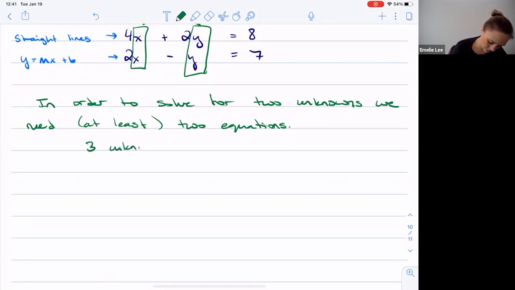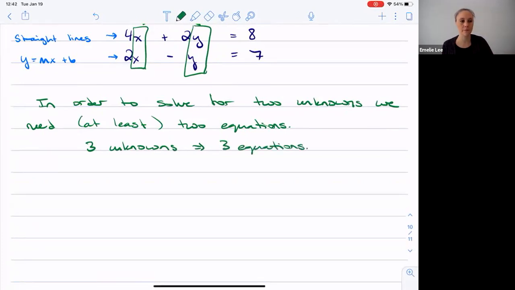Three unknowns, you would need three equations, right? So you need as many equations as you have unknowns. Okay. Like I said, we're just going to stick to two, but just to be aware that that's the general setup. So as many unknowns as you have, that many equations you need.